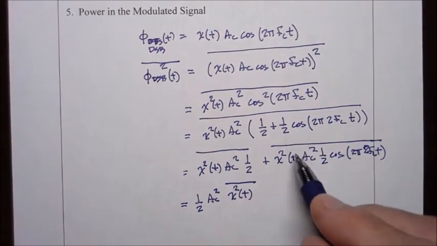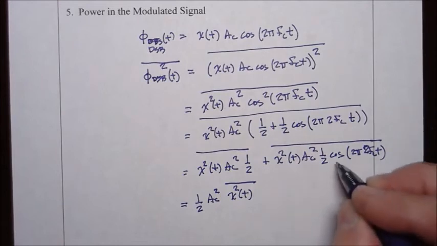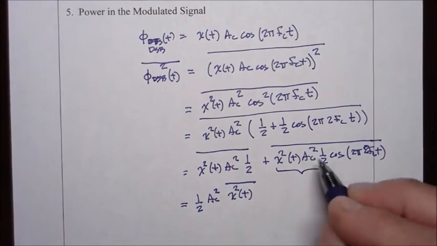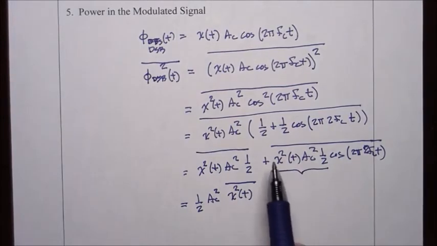And then we're adding to that, for the second term, a cosine at twice the carrier frequency, being amplitude modulated by this term.